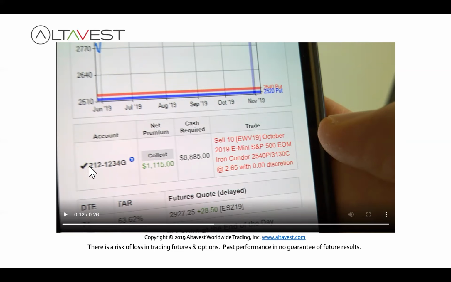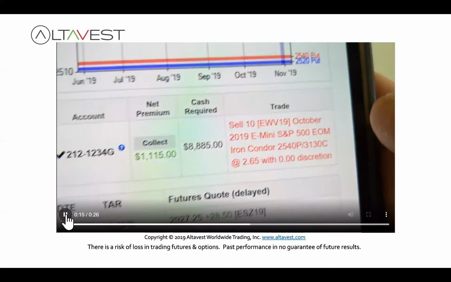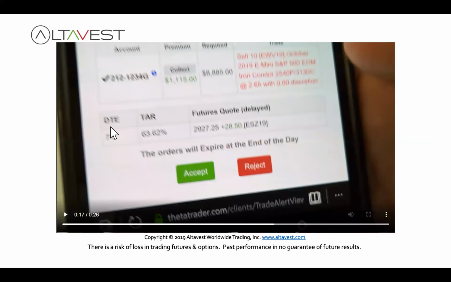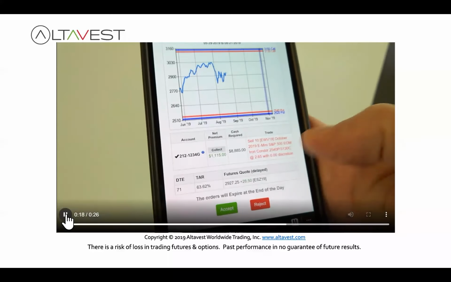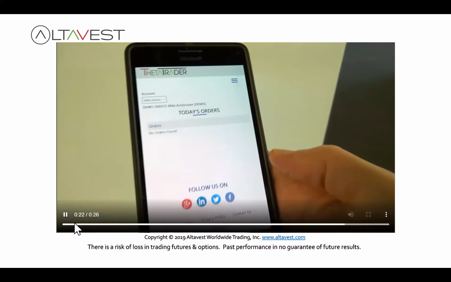That trade is specific and unique for your account in terms of how it will fit in with the rest of your trade allocation that's already in your account. And you'll get the days till expiration, your targeted annualized return. And if you like what you see, you just touch accept. And everything's processed for you.